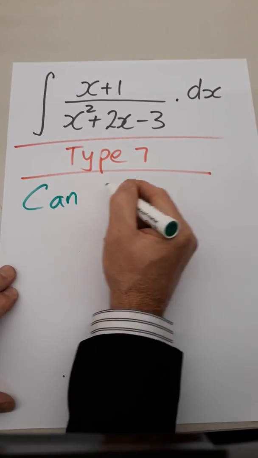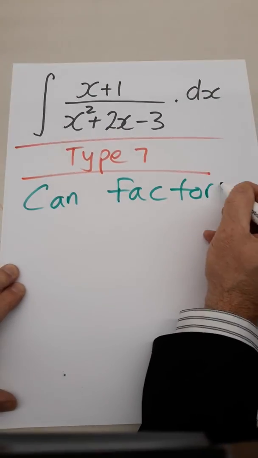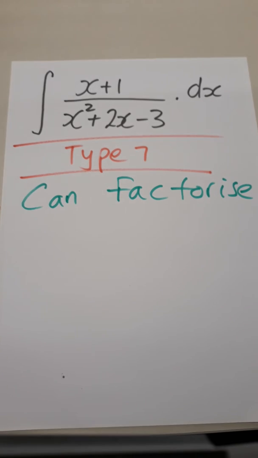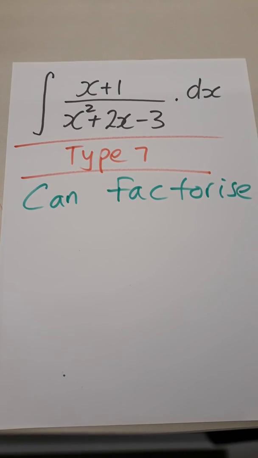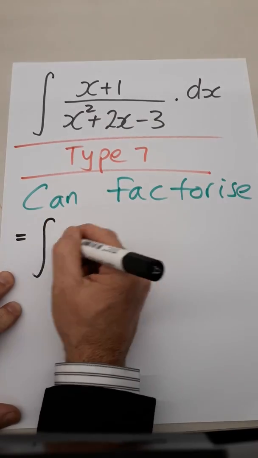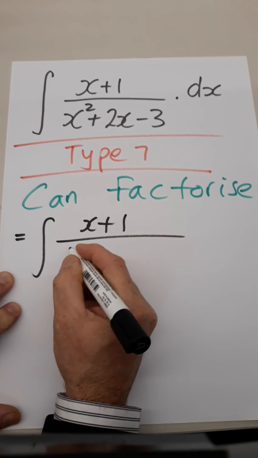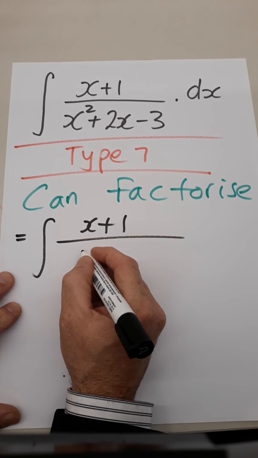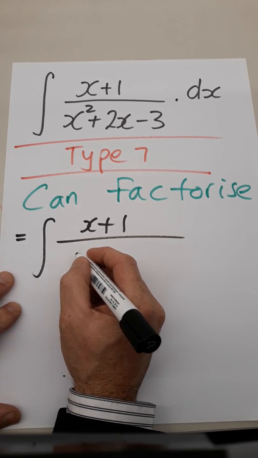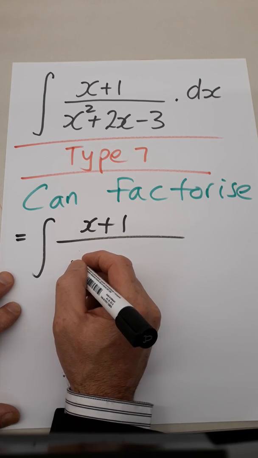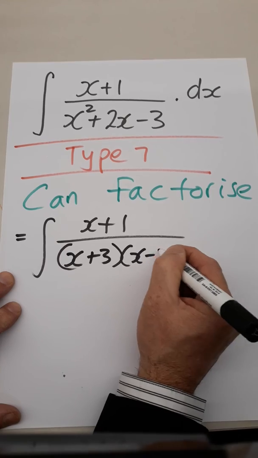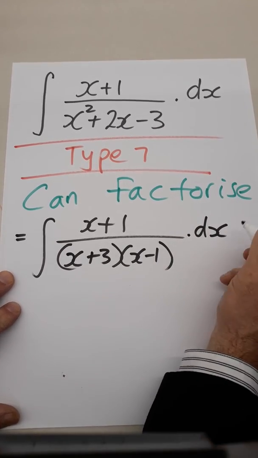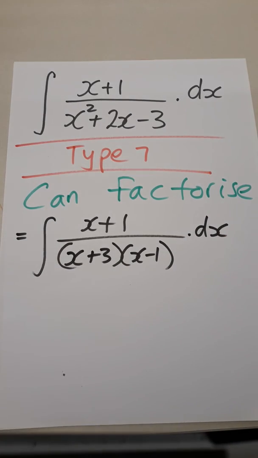So if you can factorise the denominator, we're going to write it as partial fractions, which is a whole other lesson. But let's just see if we can write this out factorised. Well, two numbers that times to be minus 3 and add to be positive 2. So it's x plus 3 and x minus 1. So I could factorise the denominator.